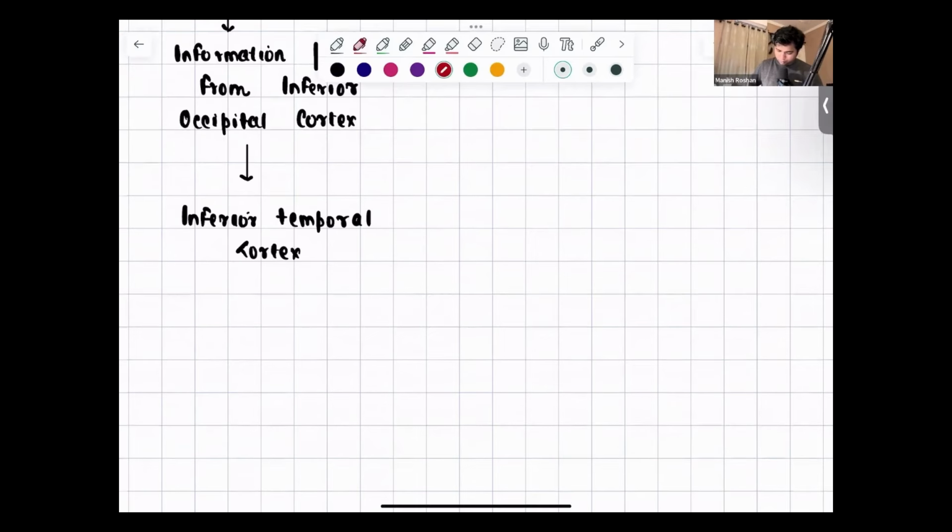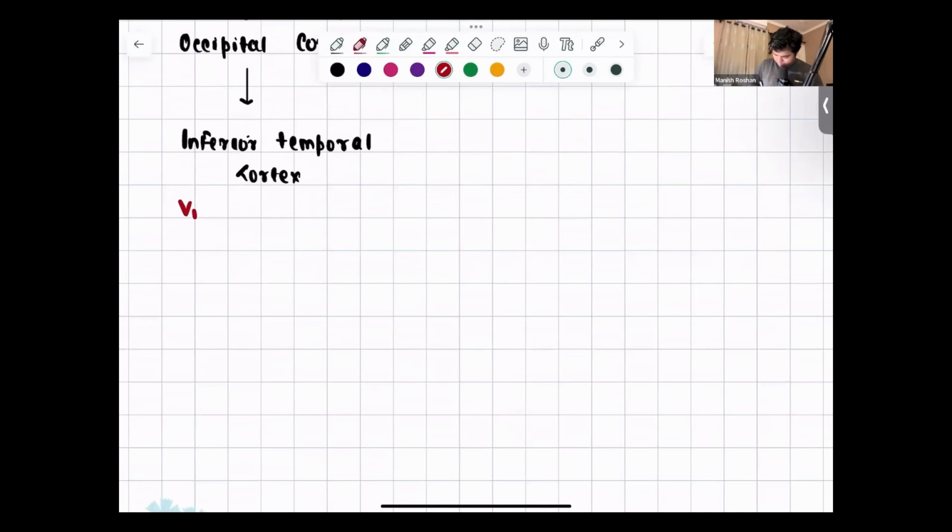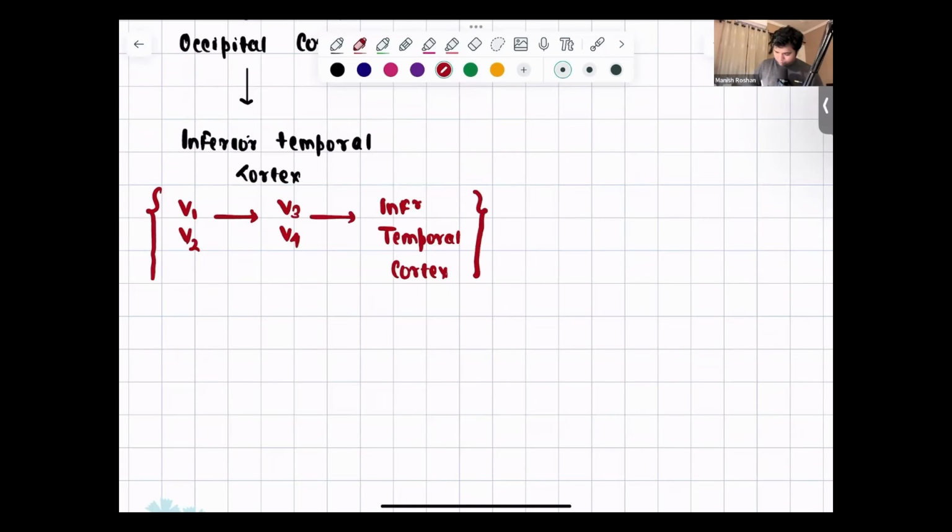It means from V1, V2, it goes to V3, V4, and then also connects to the inferior temporal cortex. This is the ventral system. I'm going slow because you need to know these things.